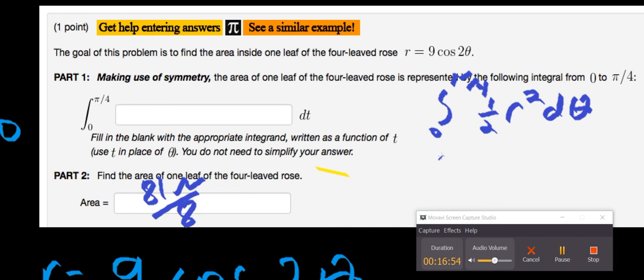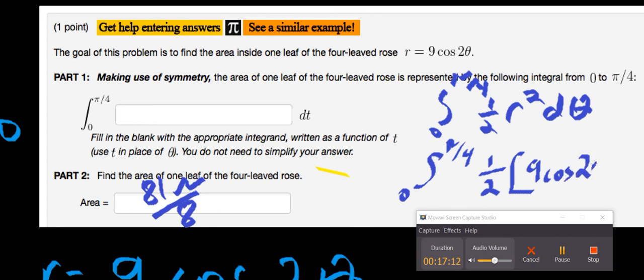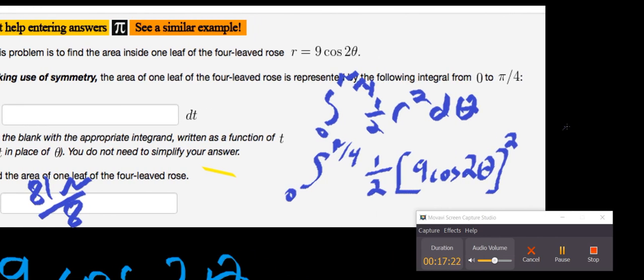So now, 0 to pi over 4, which we already have, 1/2, r is 9 cosine 2 theta, squared, d theta.